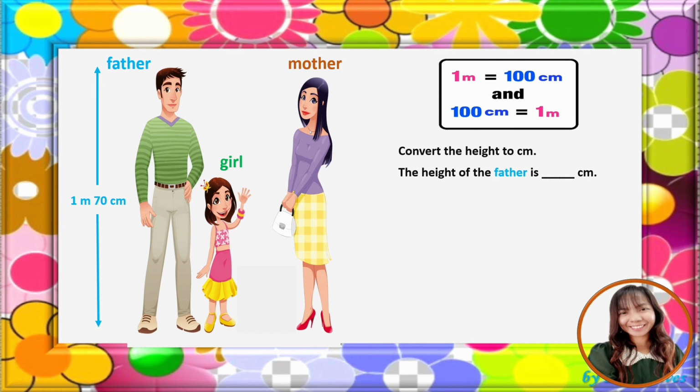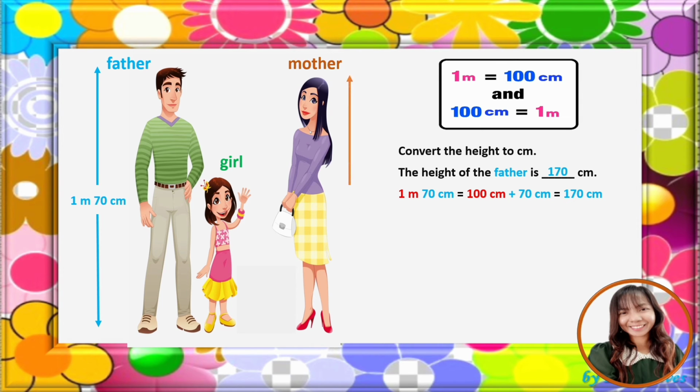So the height of the father is blank centimeters. We have here 1 meter and 70 centimeters. The 1 meter and 70 centimeters is equal to, the 1 meter is 100 centimeters, plus 70. The answer is 170 centimeters.